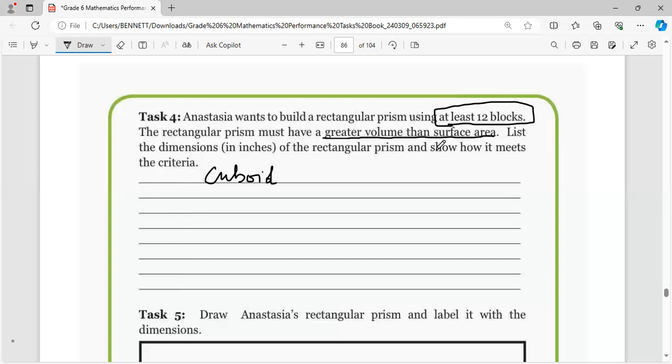I'm thinking the numbers have to be close. I'm starting to wonder if it's possible. Alright, so the volume.